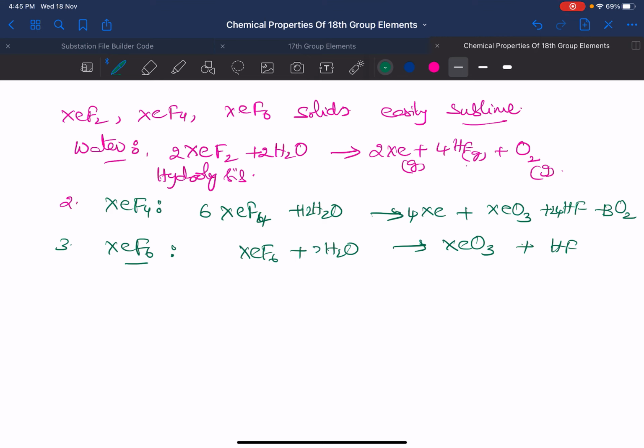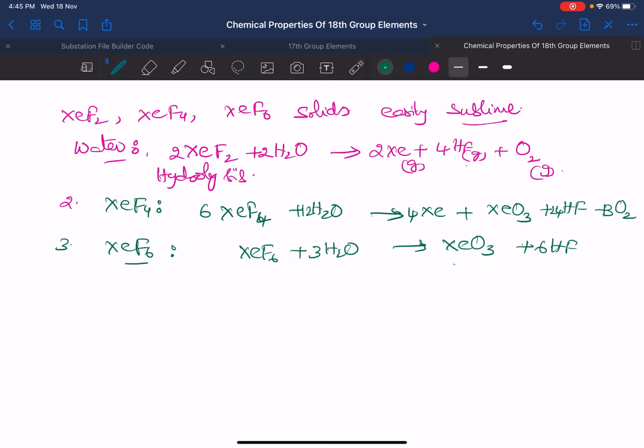XeF6 plus 3H2O gives rise to XeO3 plus 6HF. So that is the main chemical reaction involved here. So we conclude that the hydrolysis of XeF4 and XeF6 gives XeO3. Both will give XeO3.